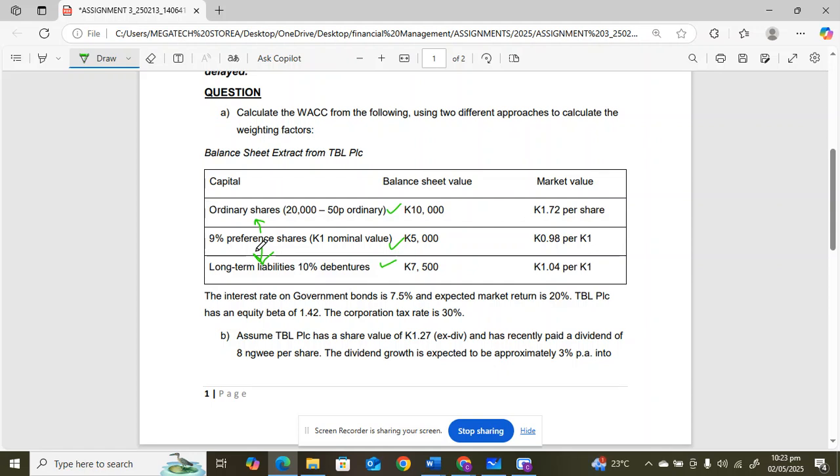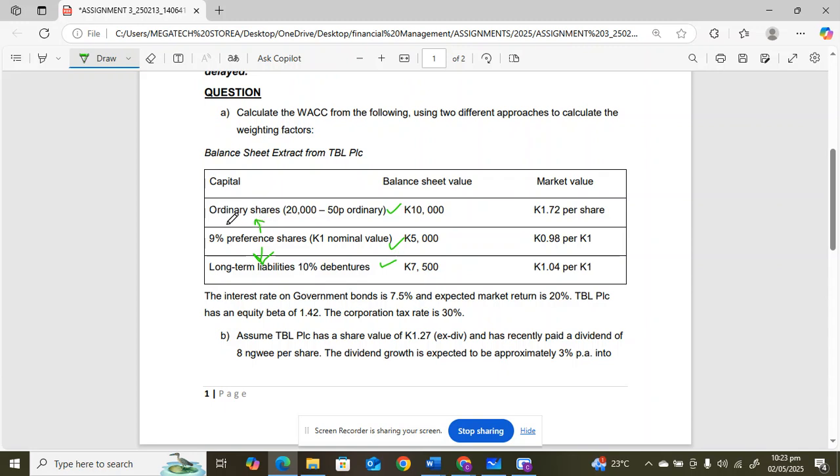Then with ordinary shares, because it's a dividend, both of you are getting dividends basically. And ordinary shares are part ownership. Even with preference shares, you're also a part owner. With debt, you're not an owner; you don't own any part of the company.